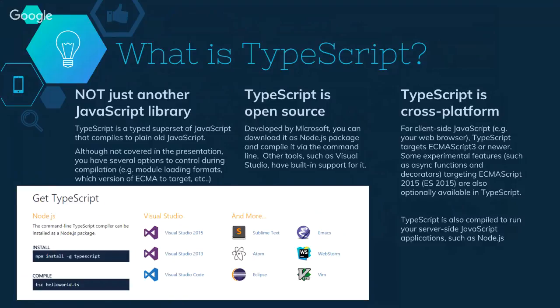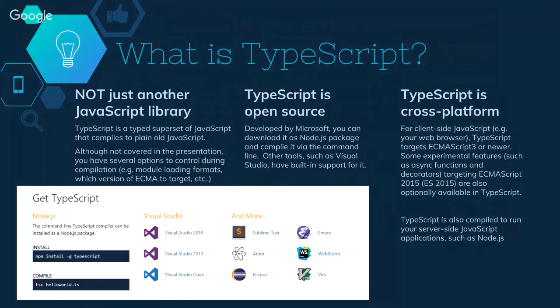A lot of the built-in tools like Visual Studio and some of these other text editors, Sublime, WebStorm, these types of things have built-in support for it. But at the very least, you can compile everything from your TypeScript to your JavaScript from the command line. So TSC is the TypeScript compiler engine that will do the conversion for you. TypeScript is also cross-platform. So you can target different versions if you want.